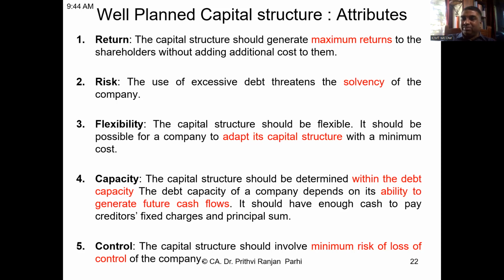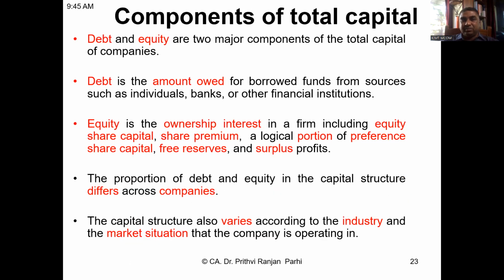It should be designed keeping in mind the capacity of the firm, how much debt one can service; on that basis he has to decide how much debt to take. And control should not be diluted. If you take more equity, control of the existing management gets diluted. That aspect has to be taken care of.